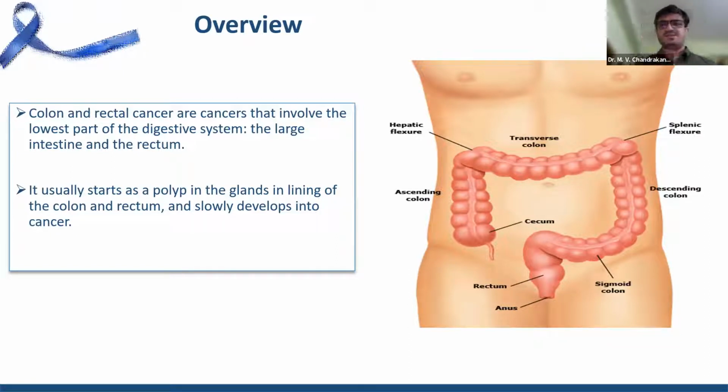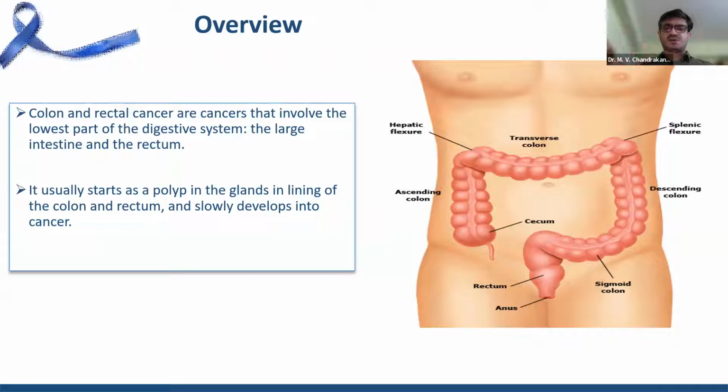So, if you look at the colon, it is part of the gastrointestinal tract. For example, if we eat food, it needs to be digested. The initial digestion happens in the stomach, and then comes the small intestine where further digestion happens. In the small intestine, whatever food we have eaten is still in liquid form.